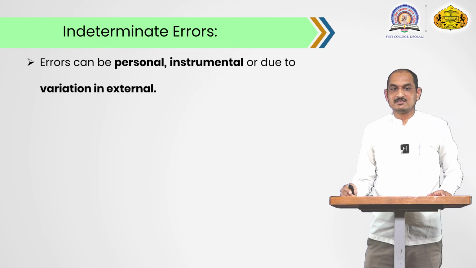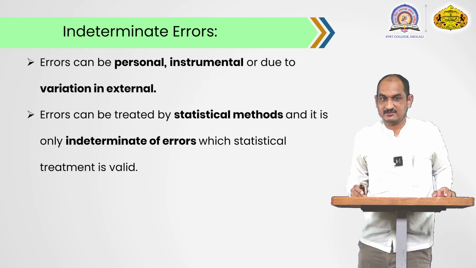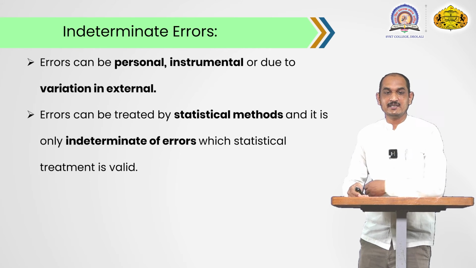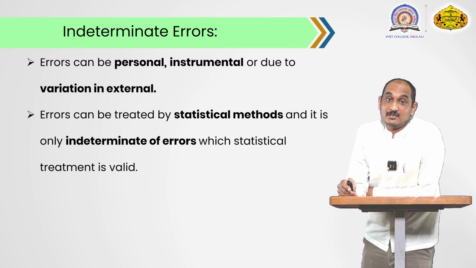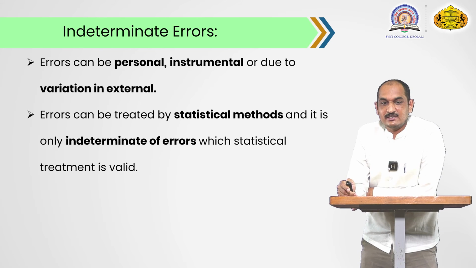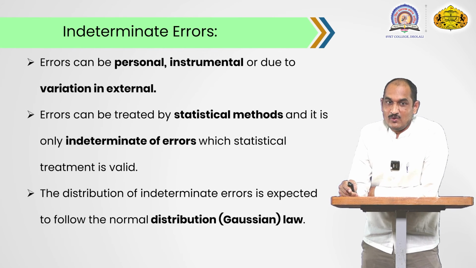Such types of errors can be personal, instrumental, or due to variation in externals. The indeterminate errors can be treated by statistical methods, and it is only for indeterminate errors that statistical treatment is valid.